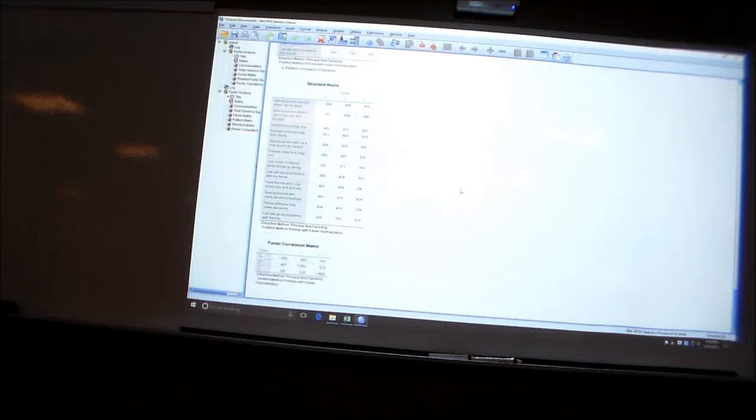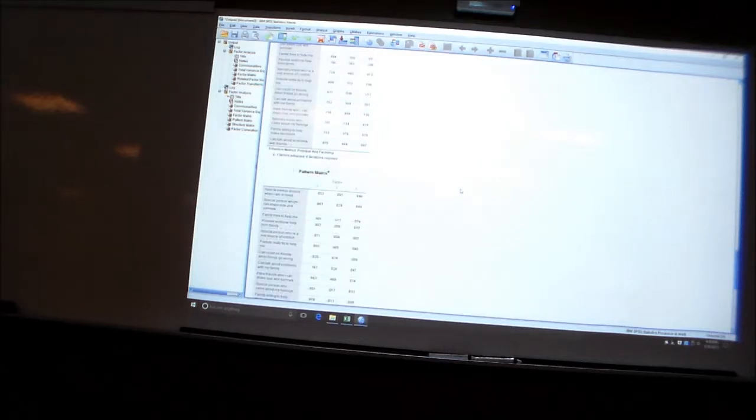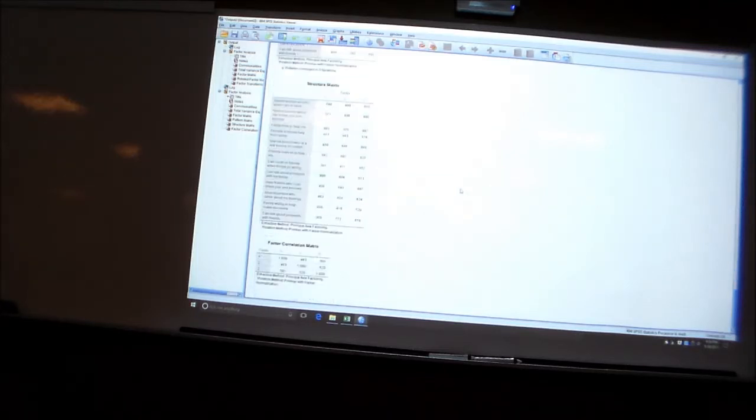And again, if we go down through and take a look, our pattern matrix is probably what we're going to interpret most times. Our structure matrix is going to give us the correlations between each one of our items and our factors. And so the raw correlation here, we see that each one of these items has a reasonably large correlation with the factor, right?